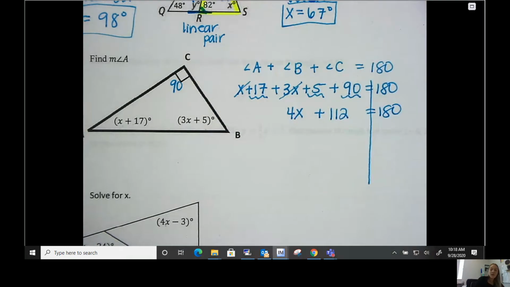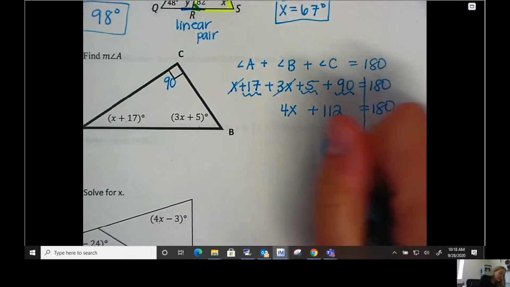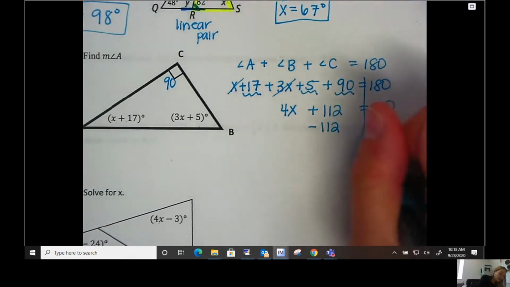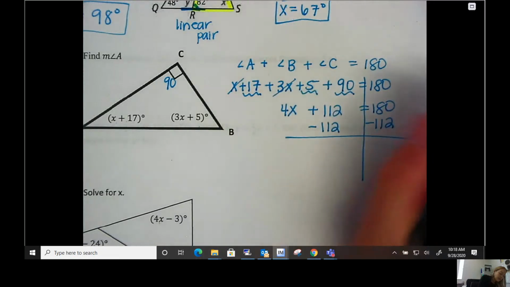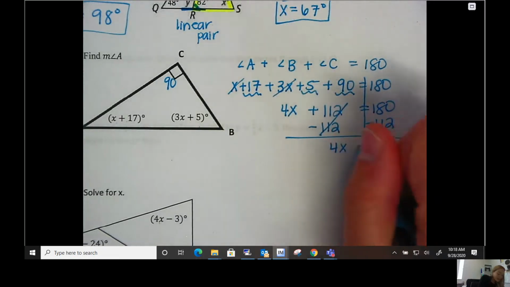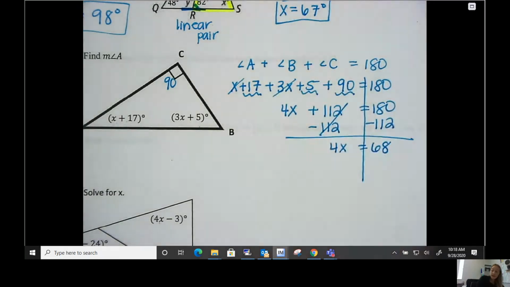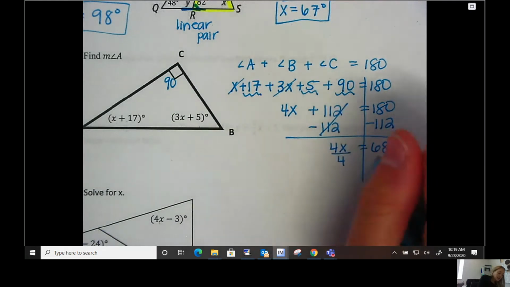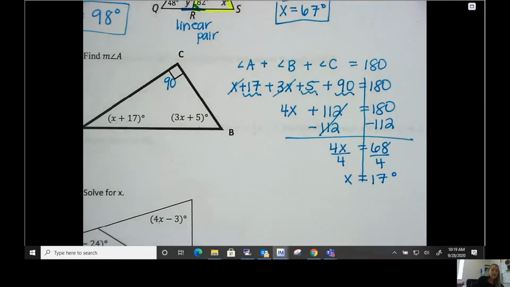Now I want to get the x all by itself, so I subtract 112 from both sides. I get 4x equals 68. Then I divide both sides by 4. I get x equals 17 degrees.